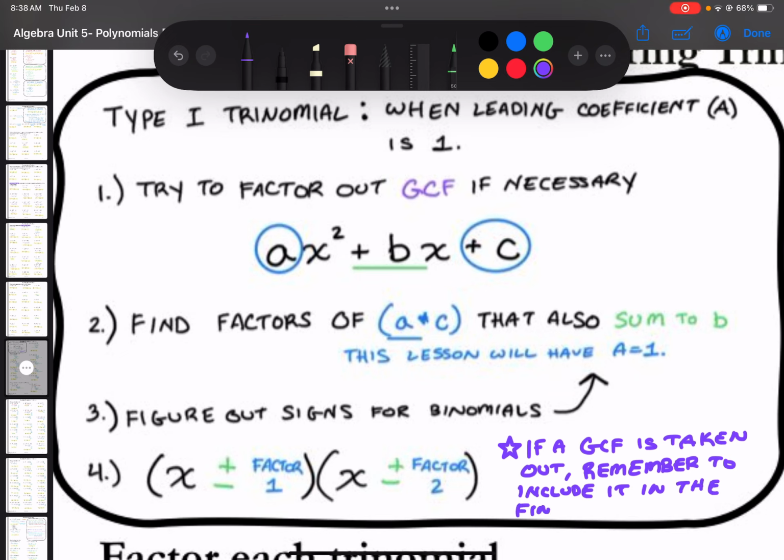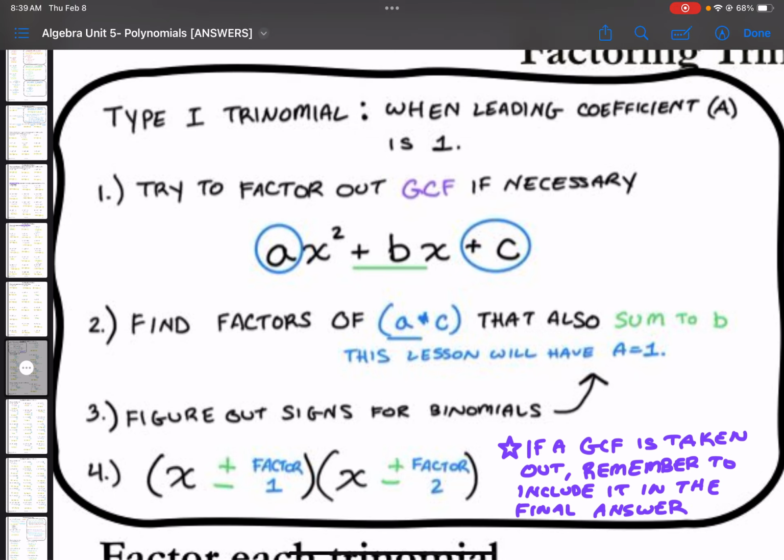It's something that people usually forget to do, so making a note of it here is important. So go ahead and pause the video to take these notes before we try example number 1.